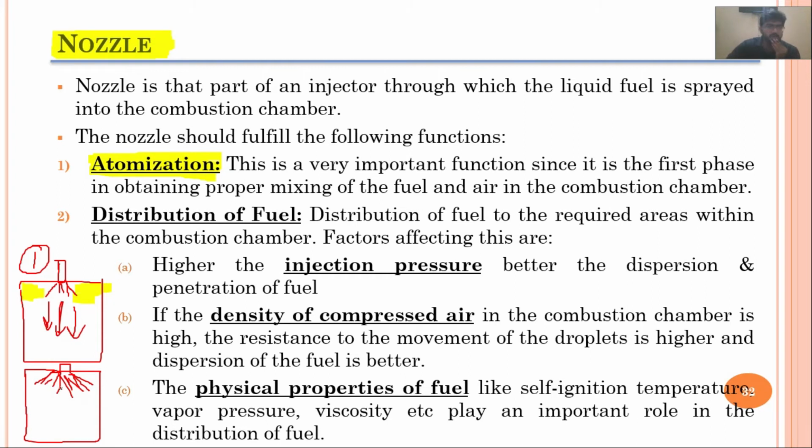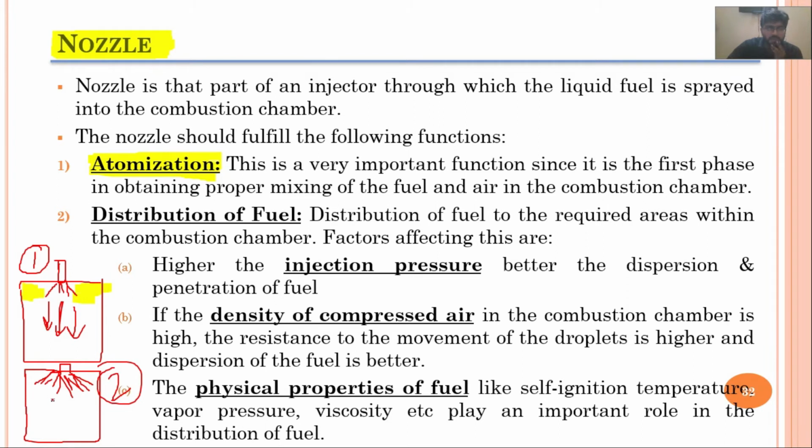On the other hand, in the second arrangement, you can see fuel is being sprayed uniformly across the cross section of this combustion chamber, and we have a very small amount of area where the fuel is not being sprayed.